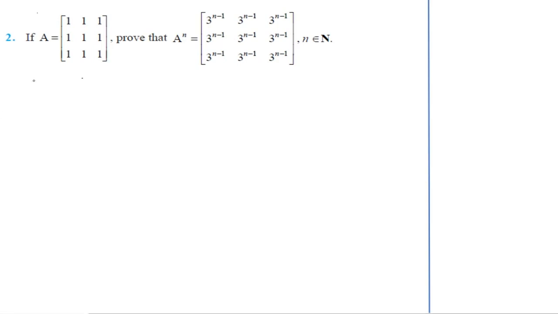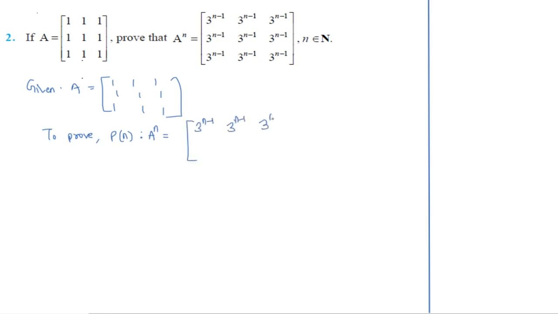So let us start with the given data. Given A = [[1,1,1],[1,1,1],[1,1,1]]. Now to prove P(n), let us assume this result: A^n = 3^(n-1) times A.